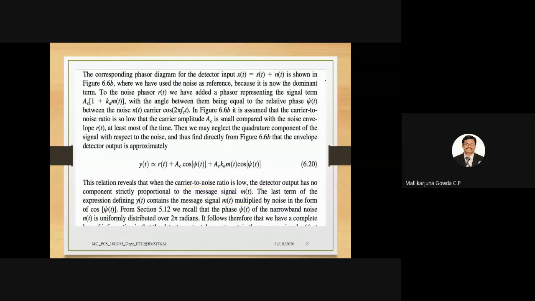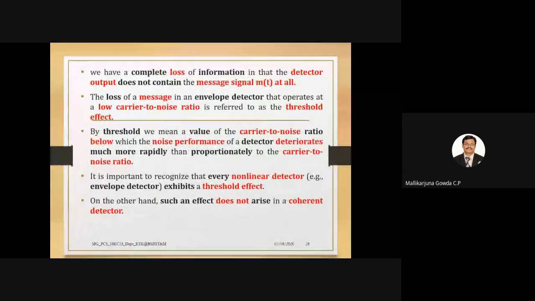So what I would like to say is here we have a complete loss of information in the detector output. So that does not contain the message signal at all, right? This loss of message in an envelope detector that operates at very low carrier to noise ratio, we call it the threshold effect.